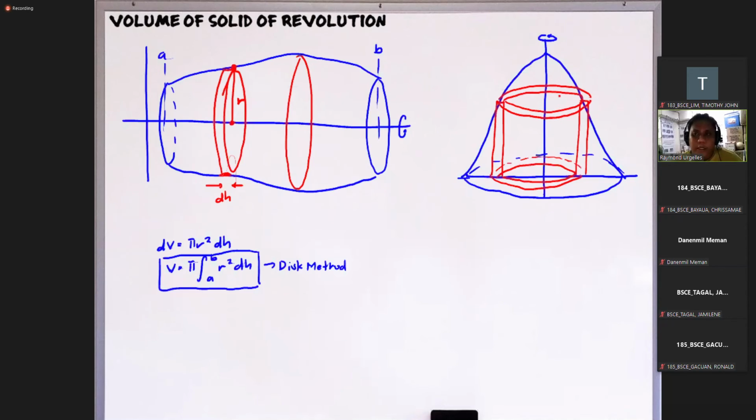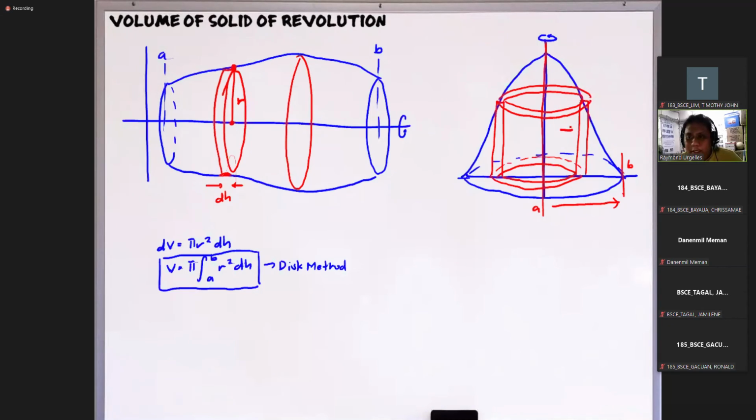Okay? Kaya pagdating sa cylindrical shell method, yung limits of integration will start from the axis of revolution papunta doon sa pinakadulo ng curve natin. Ito lang i-consider natin na limits of integration. So let's say this is A, this is B. Then for a cylindrical shell, saan equal yung volume? That is the lateral area of the cylinder, that's 2 pi rh multiplied by the thickness.